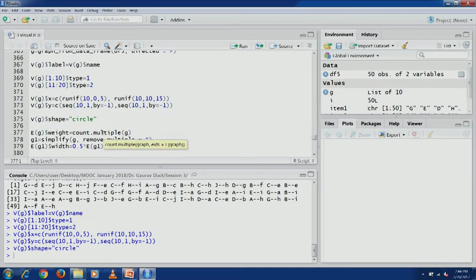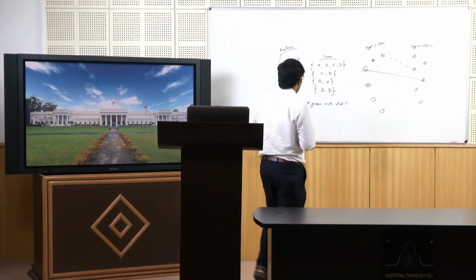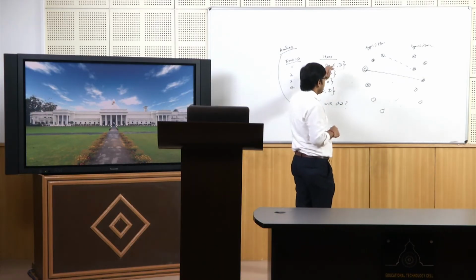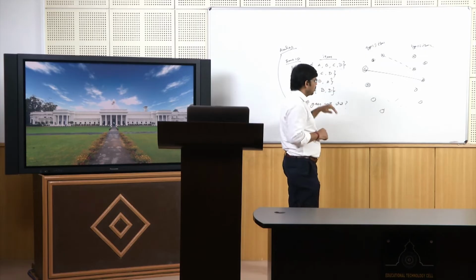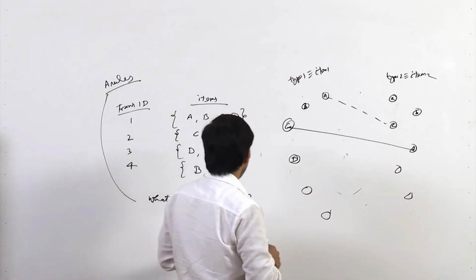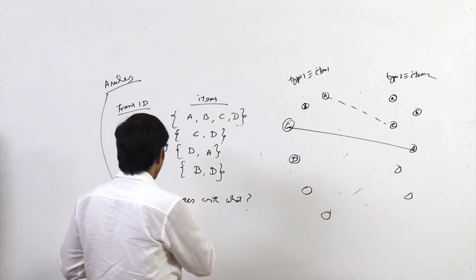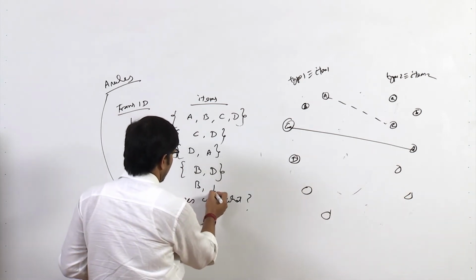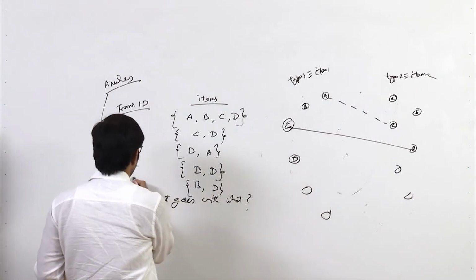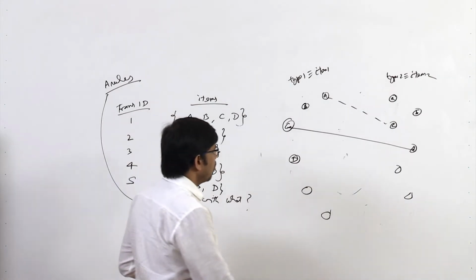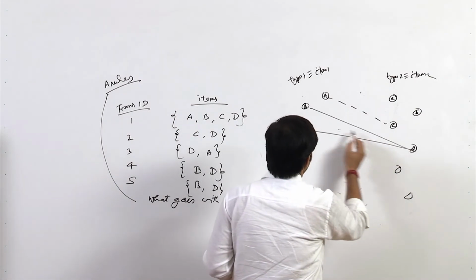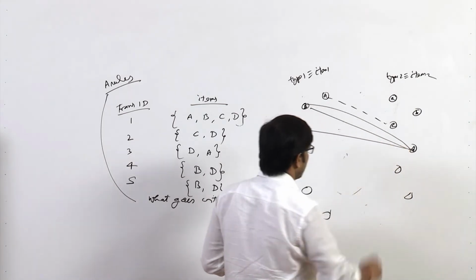Then there could be many edges between two particular nodes. If we are trying to depict transactions as a network graph, there could be some customer who would be buying the same item again, say B and D, this kind of transaction could be there. So between B and D there could be multiple edges.